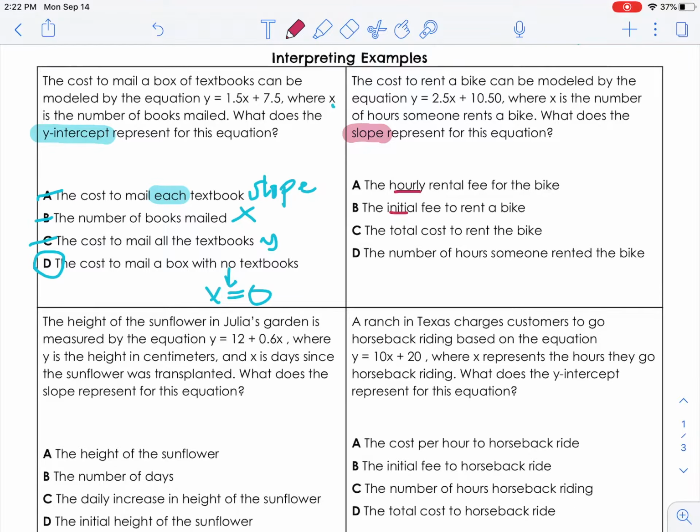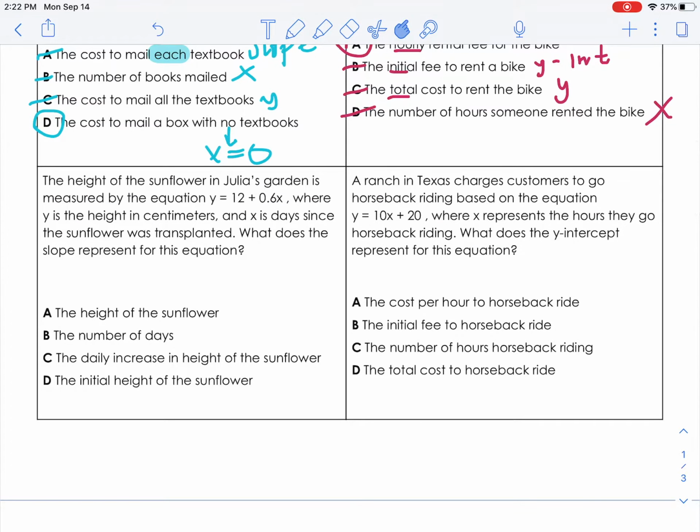The initial fee, the word initial means the y-intercept, so it is not answer choice B. The total cost to rent the bike would be the y value. The number of hours someone's rented the bike, it says x is the number of hours. So that is our x value, which means our initial thought of the hourly rental, answer choice A, was correct.